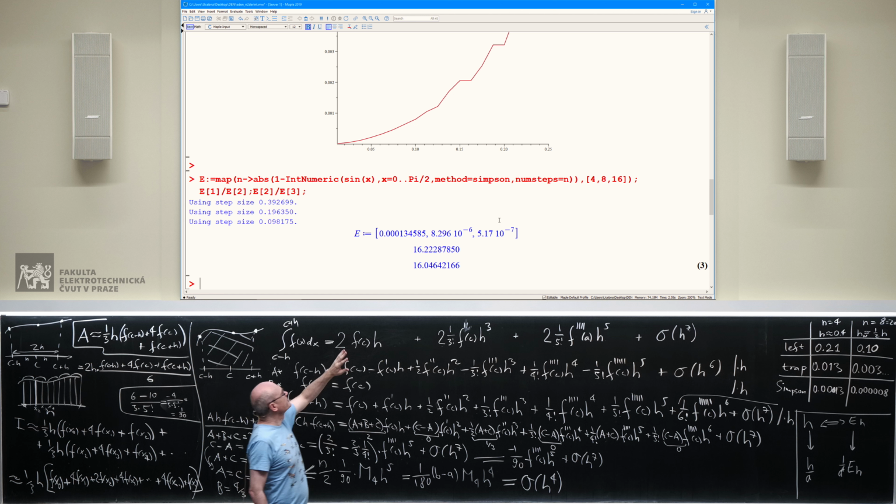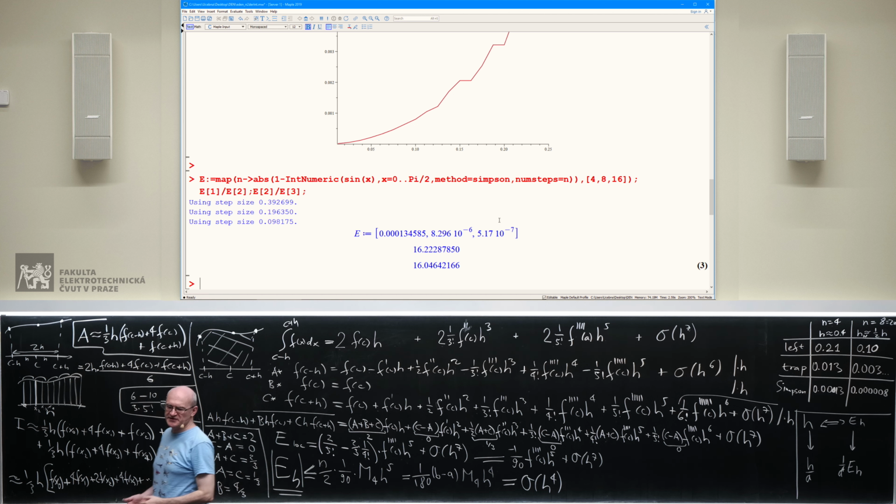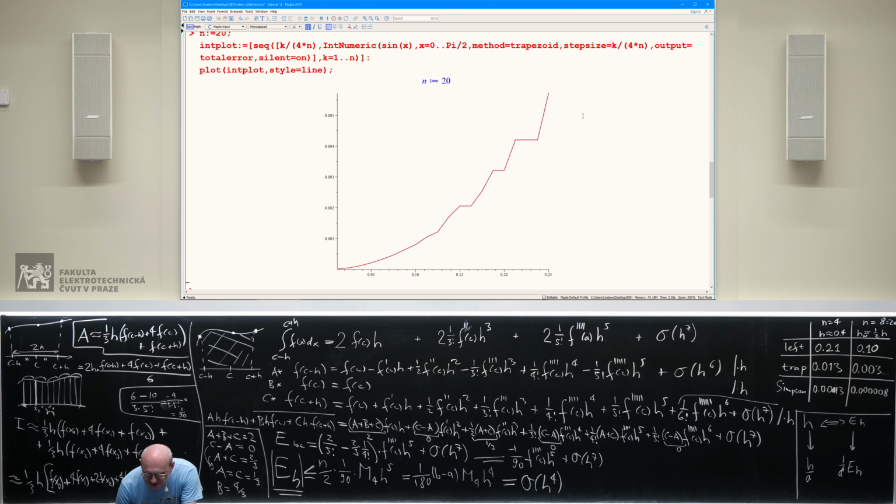For larger step sizes, they work only approximately, but for smaller step sizes, much better. I didn't try this picture for the Simpson method. You know why? Because we couldn't tell any difference. I commented on this before. This is just like a curve which could be h to the power 17 for all we know.